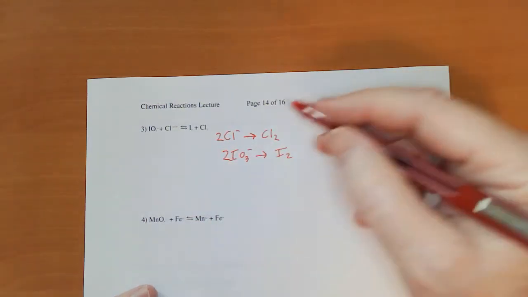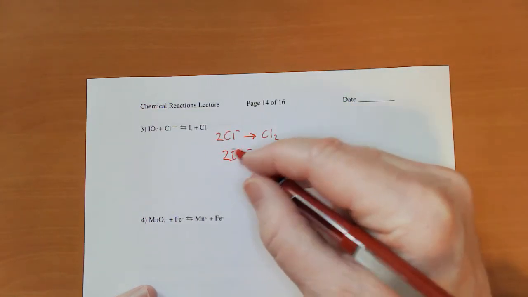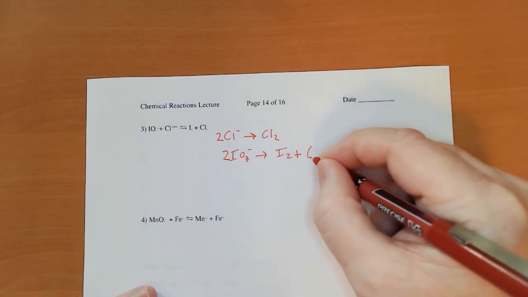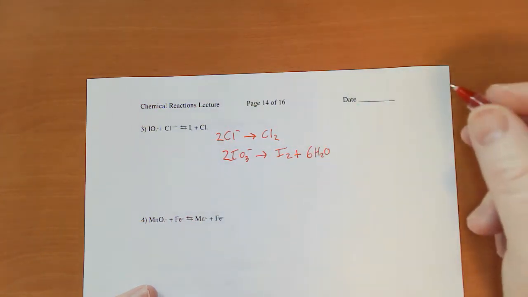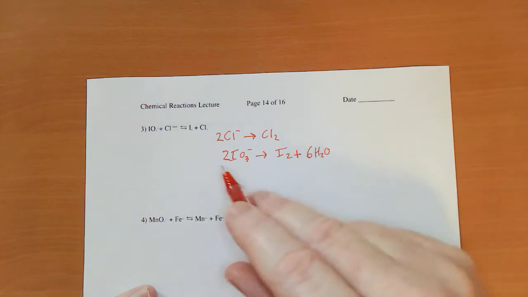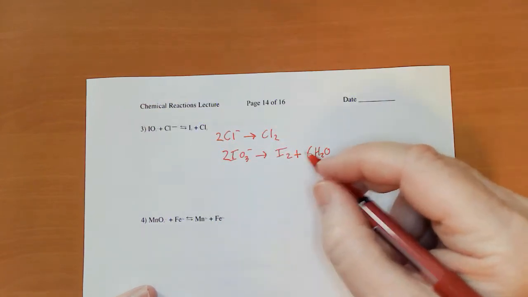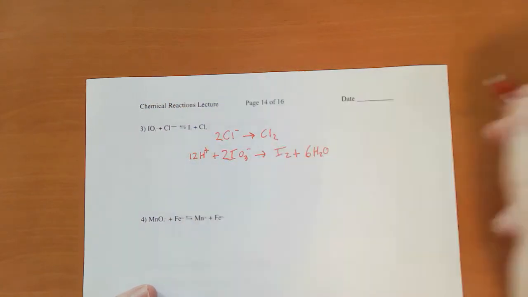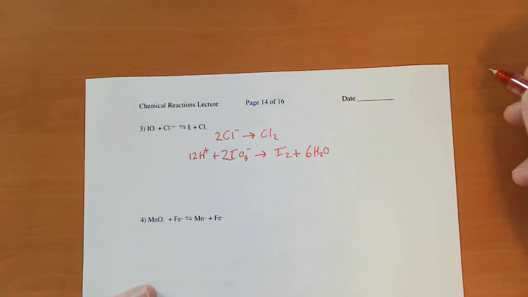Now for the oxygens, there are none up top, but we've got 2 times 3, which is 6. So what we end up adding here is 6 waters. No hydrogens up top, but 2 times 6 is 12 H pluses right there.